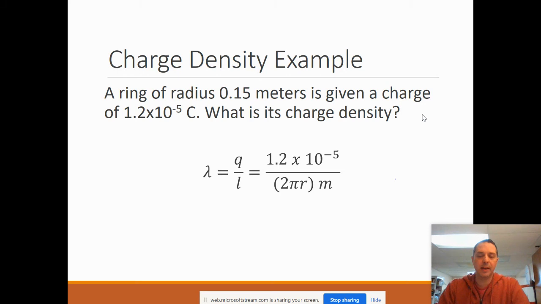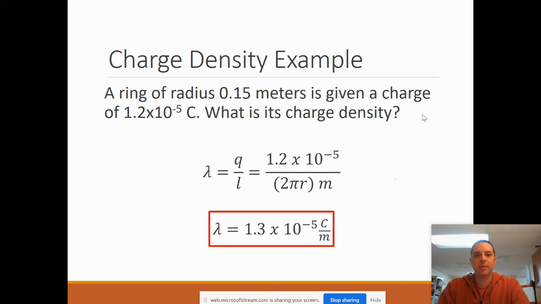And here we have our length. The length is going to be the circumference of the circle, which is 2 pi times the radius. And then we're going to find that the charge density here is 1.3 times 10 to the negative 5 coulombs per meter. So this is how we would find the charge density of a circular object.